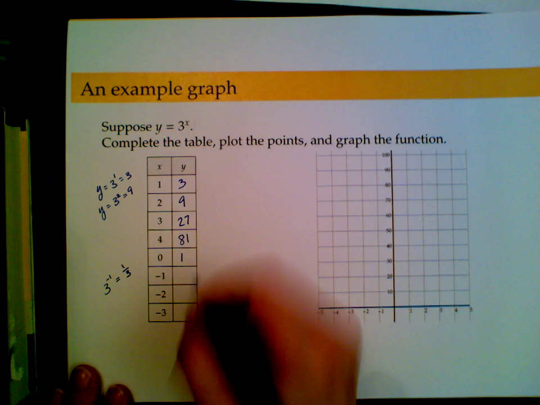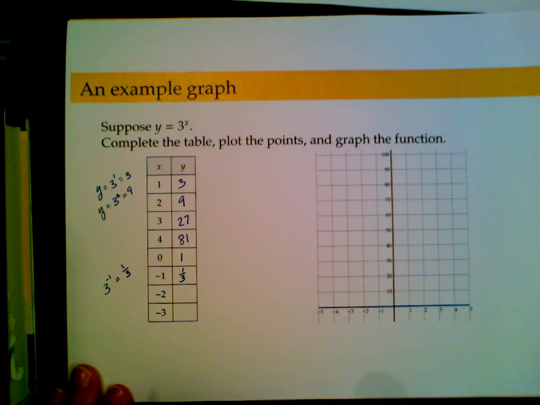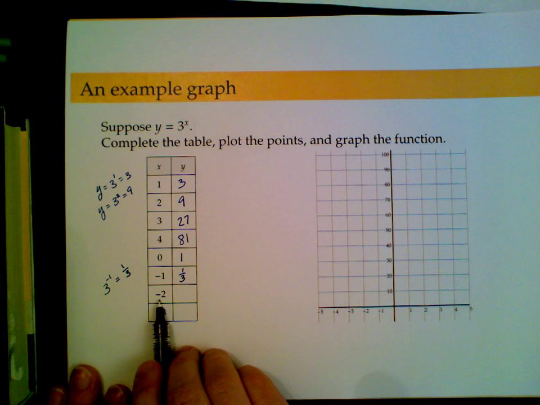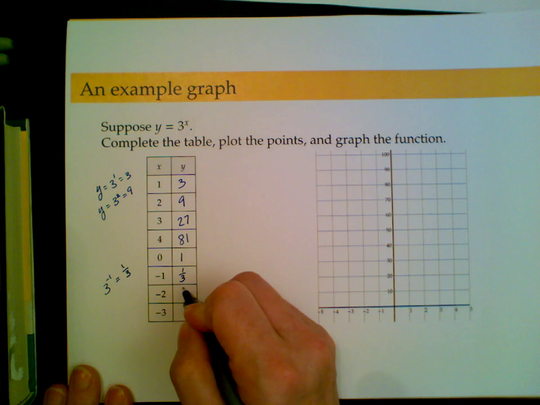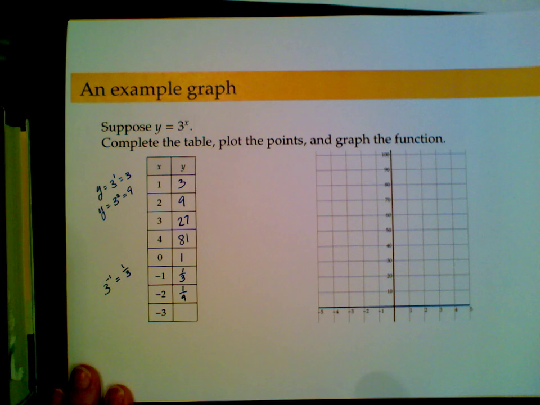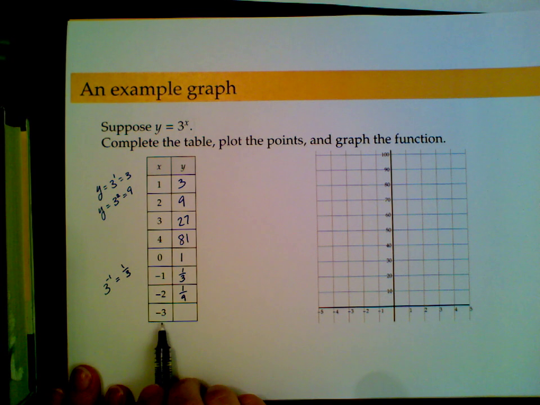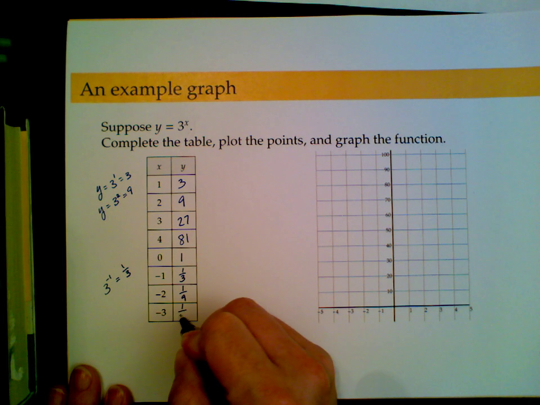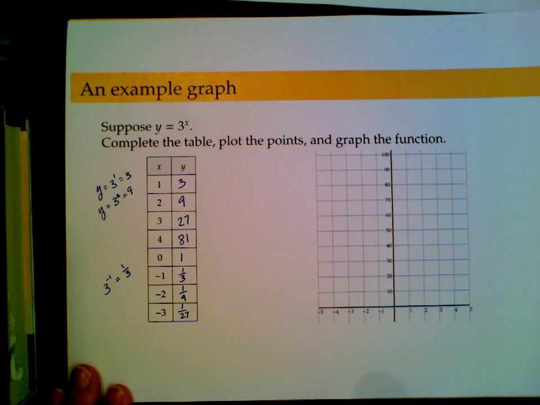So 3 to the negative 1 is 1/3. 3 to the negative 2 is the reciprocal of 3 squared, so it's 1/9. And 3 to the negative 3 is the reciprocal of 3 cubed, so it is 1/27.